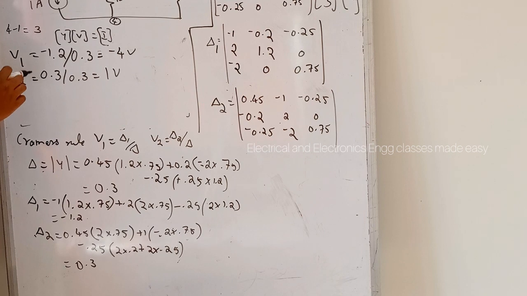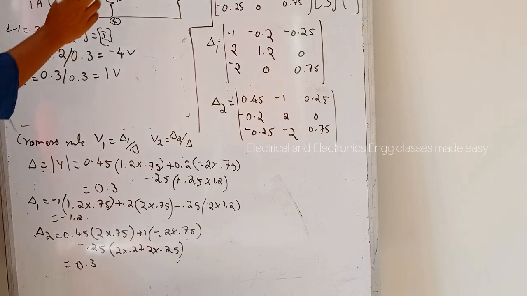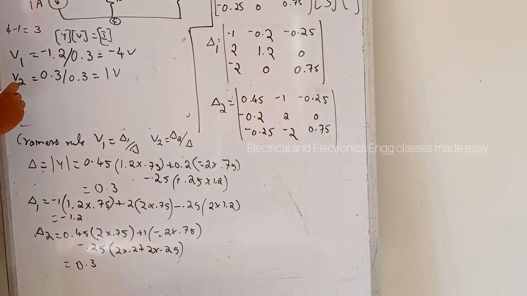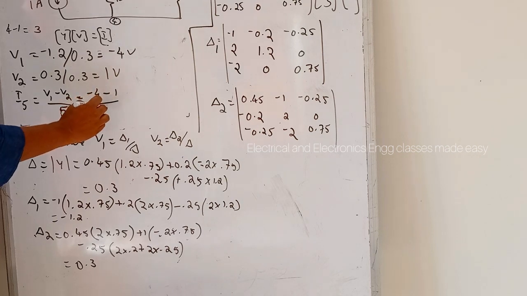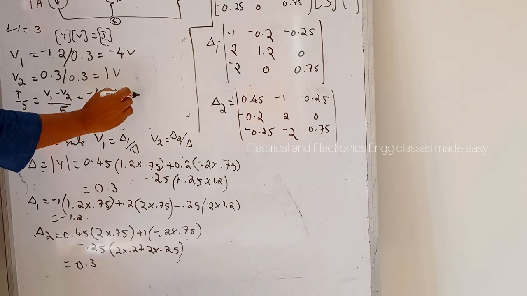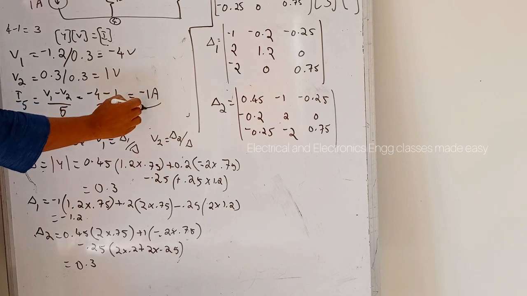So the voltages we have found. Now we have to find the current. So current through the 5 ohm resistor is V1 minus V2 divided by the resistor 5, that is V1 is minus 4 minus 1 divided by 5, that is minus 1 ampere.